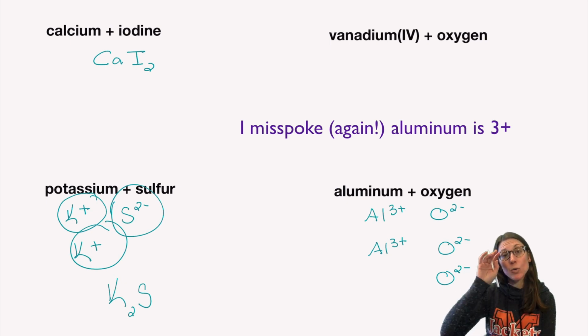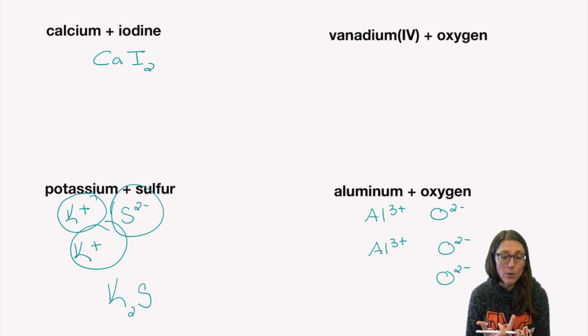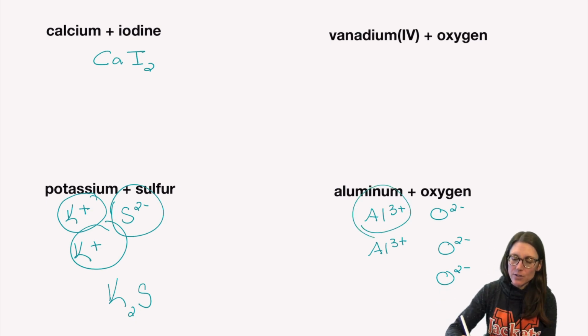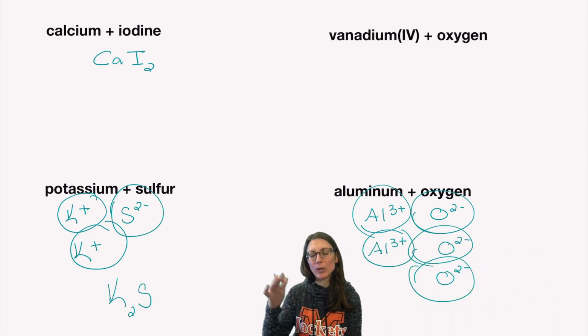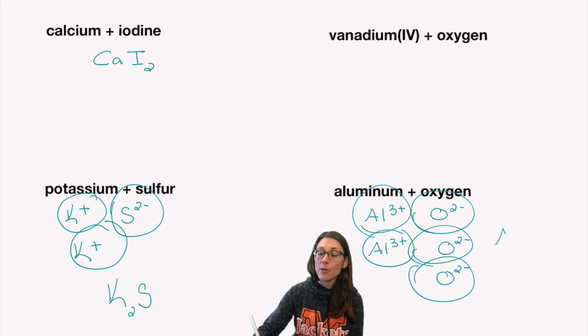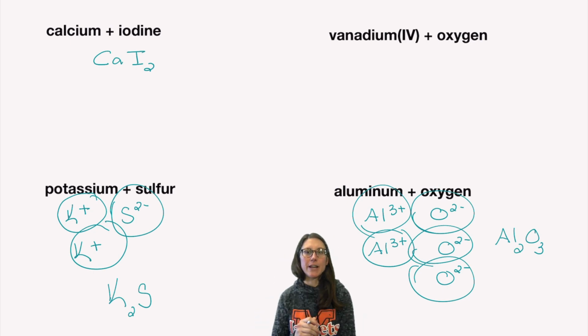I had to get to a total positive and total negative charge of 6. I was looking for that least common multiple. And so as a result, my compound for my particle visualization will look something like that with the 2 aluminums and the 3 oxygens. And the formula is Al2O3.